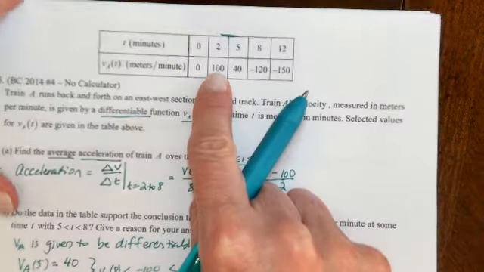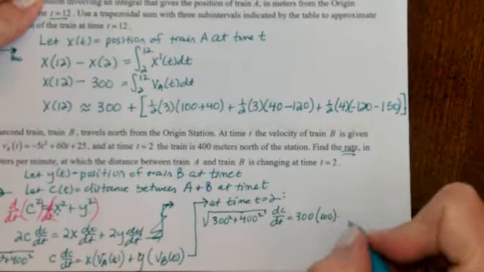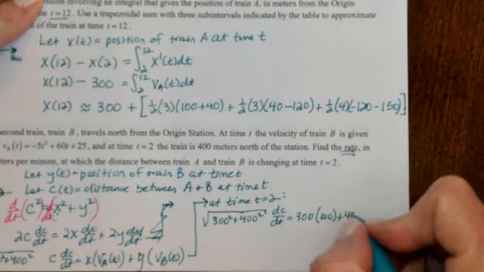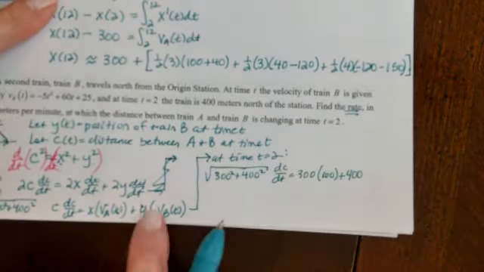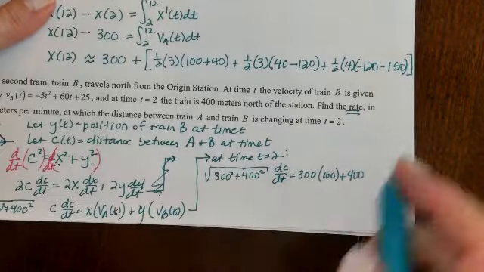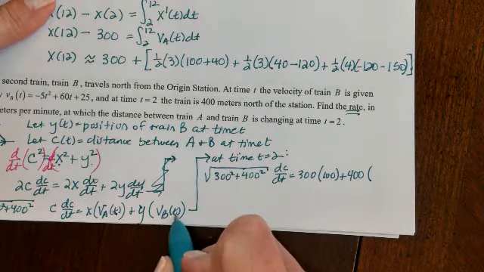It's 100. Y at time 2 is 400. And now I need the velocity of B at time 2.